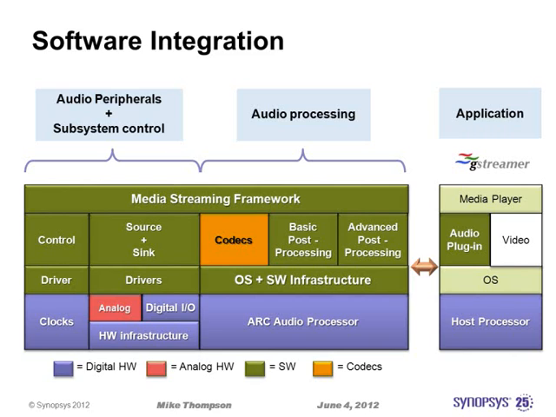We actually take them and optimize them so they run in minimum bandwidth with minimum memory requirements on the processors. And then we have a complete framework the codecs plug seamlessly into to make it very easy to use the codecs with the subsystem environment. Now, over on the right there, you'll see the audio plug-in. So we deliver an audio plug-in for GStreamer that plugs straight into the host application.